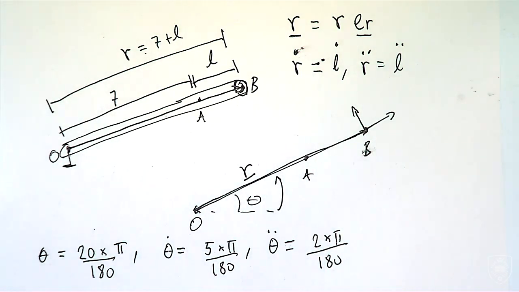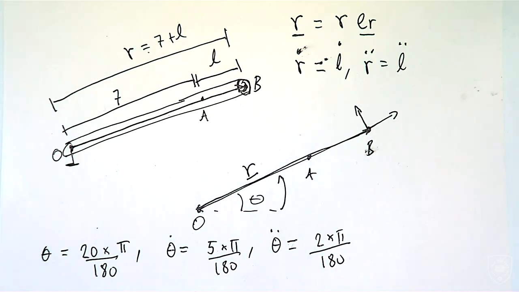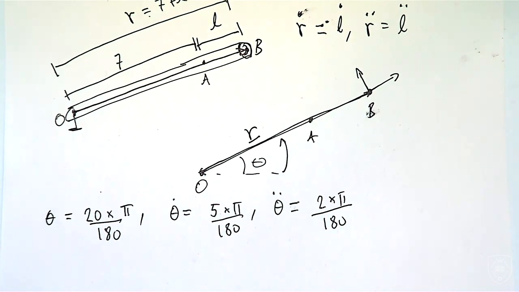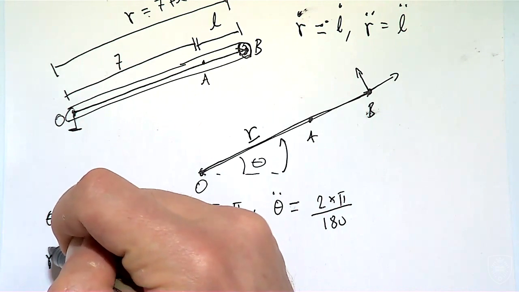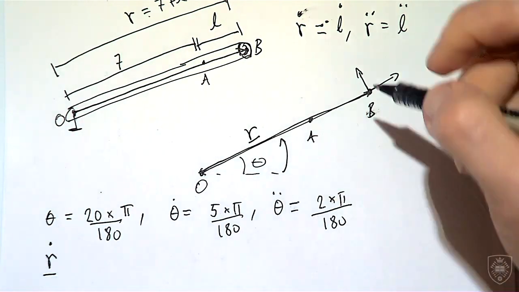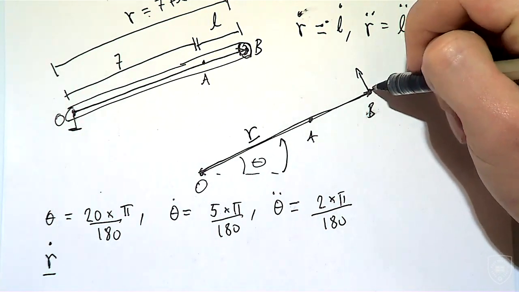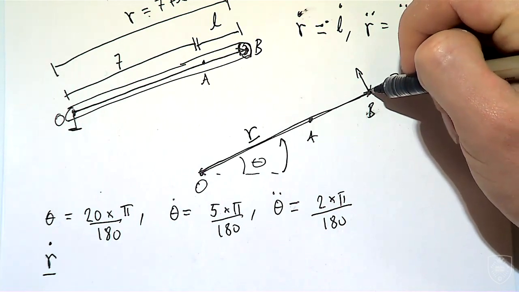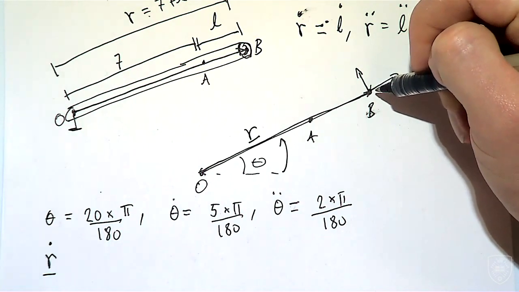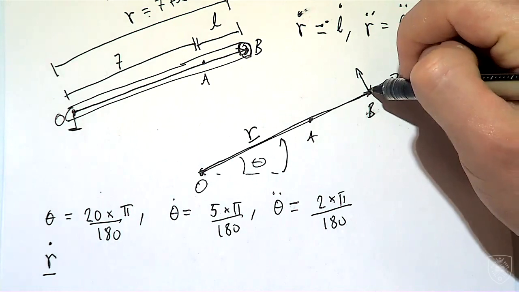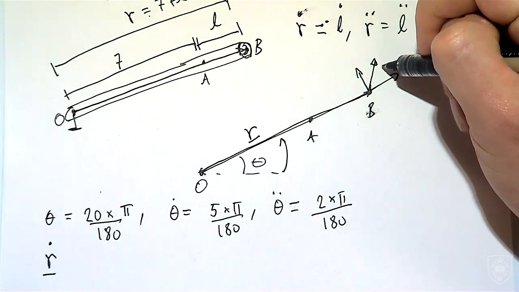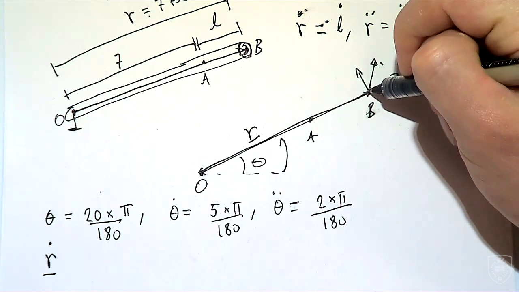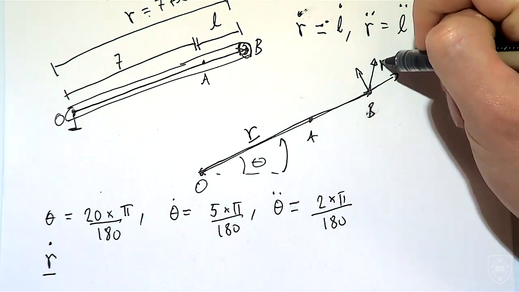So if we then go to the equations from the lecture, we have that the vector r dot, which is the velocity vector, is going to be something like this.